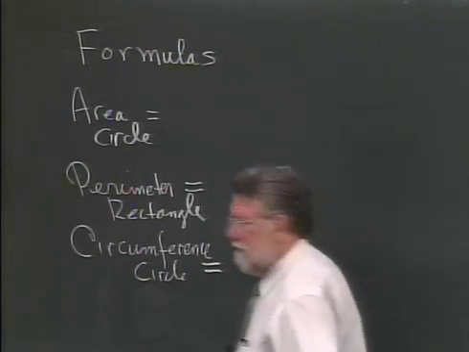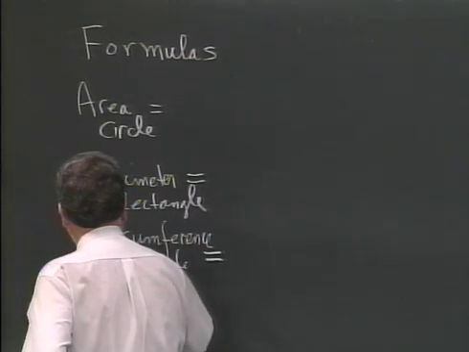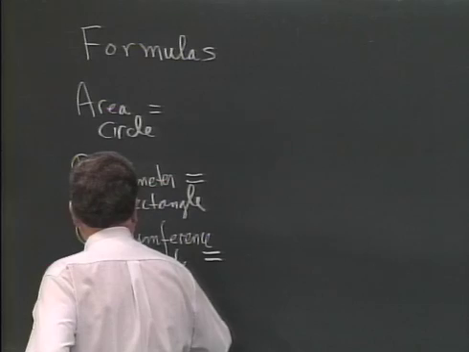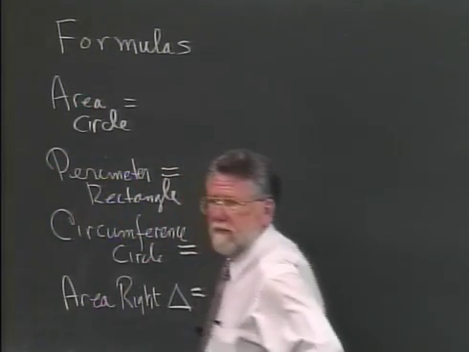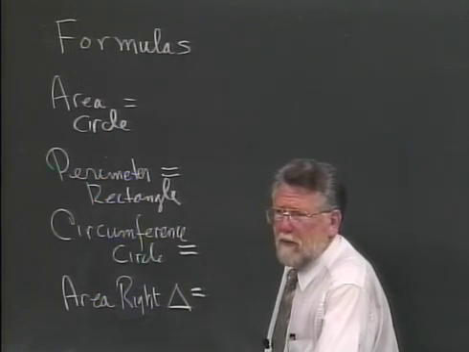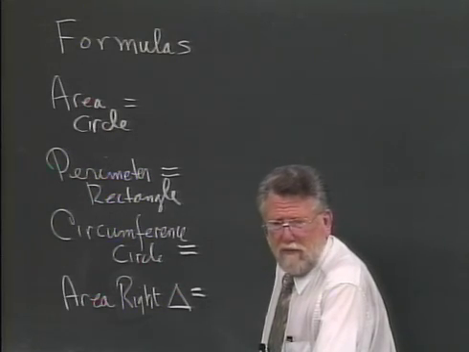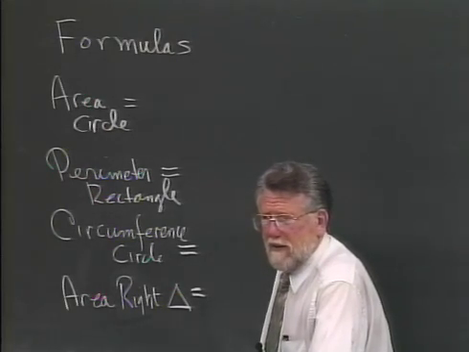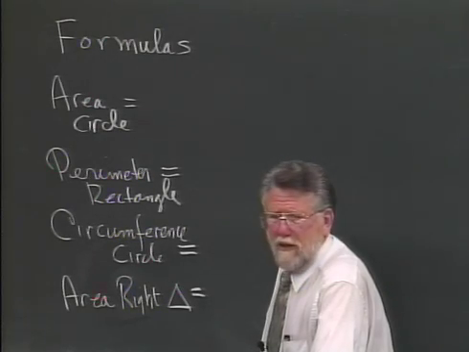Number 4, area of a right triangle. Okay, those are my 4. Let's see if we can come up with all of them, 4 different formulas. I'll give you a moment to finish your writing, and we'll see how we can do here.